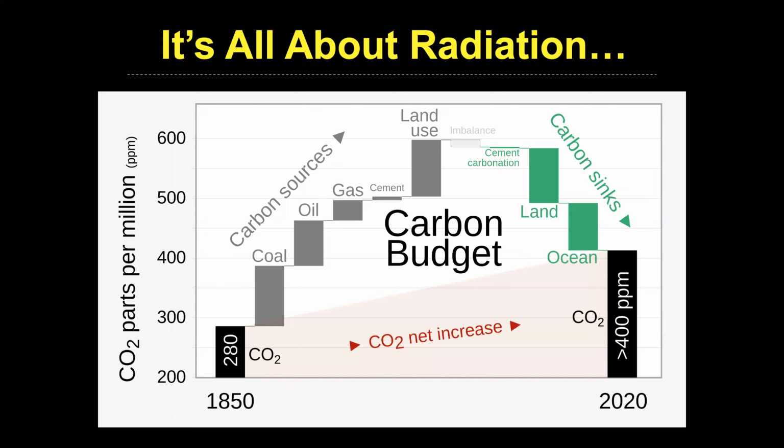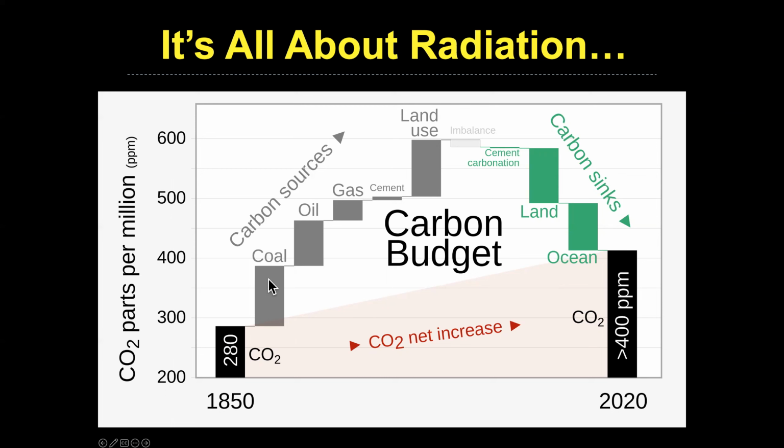Again, it's all about radiation. If you think about it in terms of a budget of carbon, in 1850, the concentration of carbon dioxide in the atmosphere was 280 parts per million. ppm, that's what that means. In 2020, the level was 400 or greater than 400 parts per million. It's actually 417 as of the making of this particular video. So this is how much it has increased.